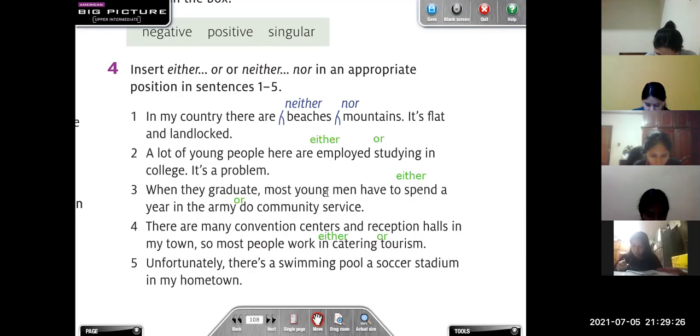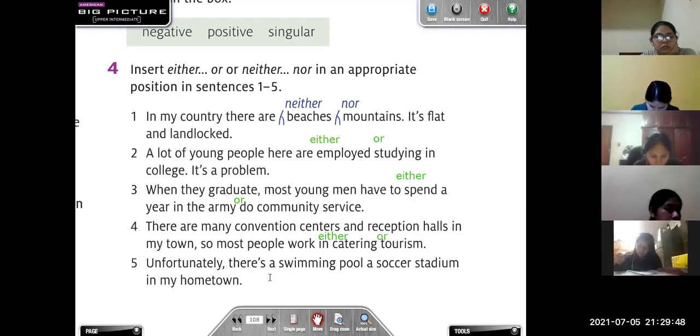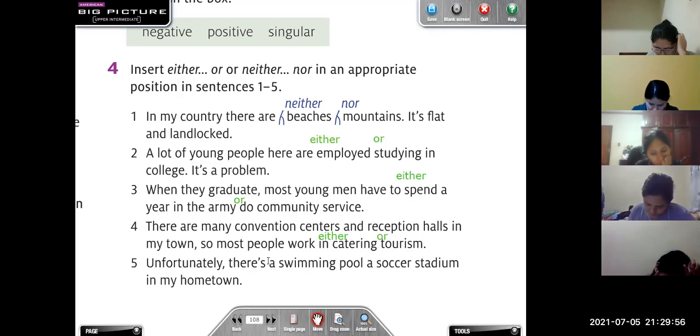Unfortunately, there's a swimming pool and soccer stadium in my hometown. What can we say? There is neither a swimming pool or another a soccer stadium. There is neither.